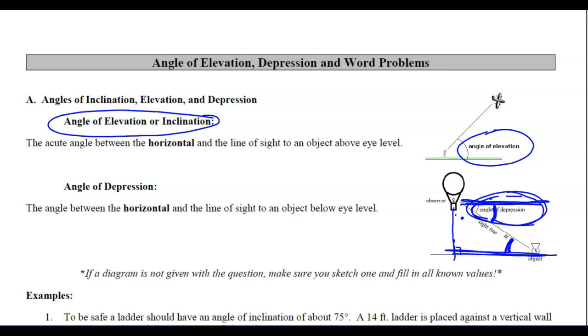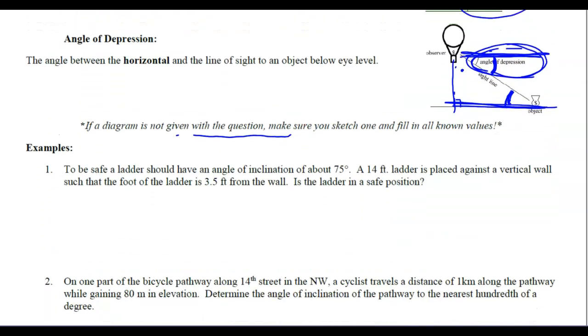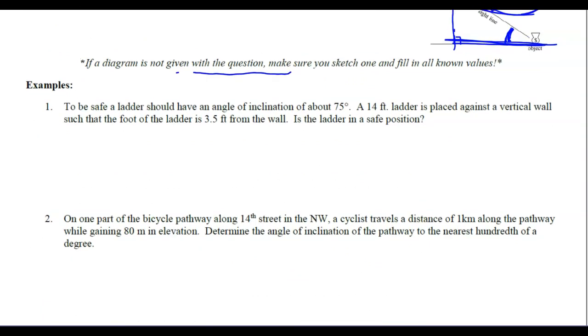If a diagram is not given with a question, make sure you sketch one and fill in all the known values. So that's what we're going to do. To be safe, a ladder should have an angle of inclination of about 75 degrees. If you ever go by a ladder, it will have a safety sheet telling you the angle it has to be at in order to be safe.